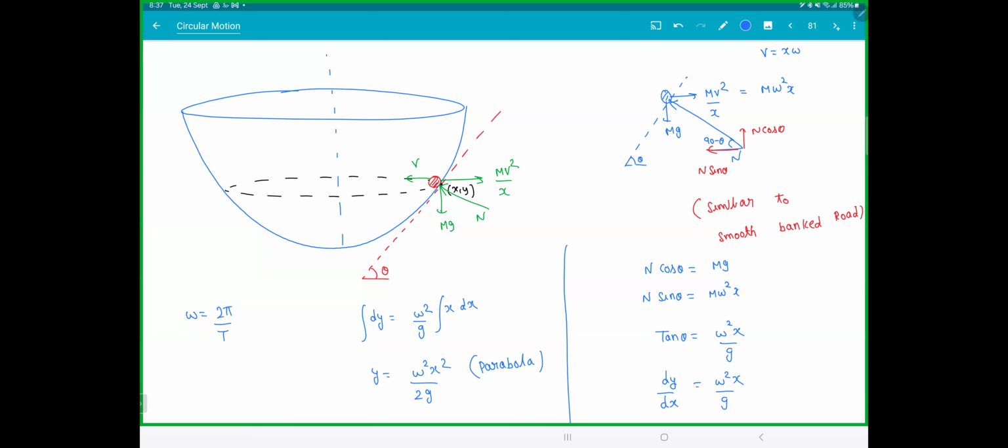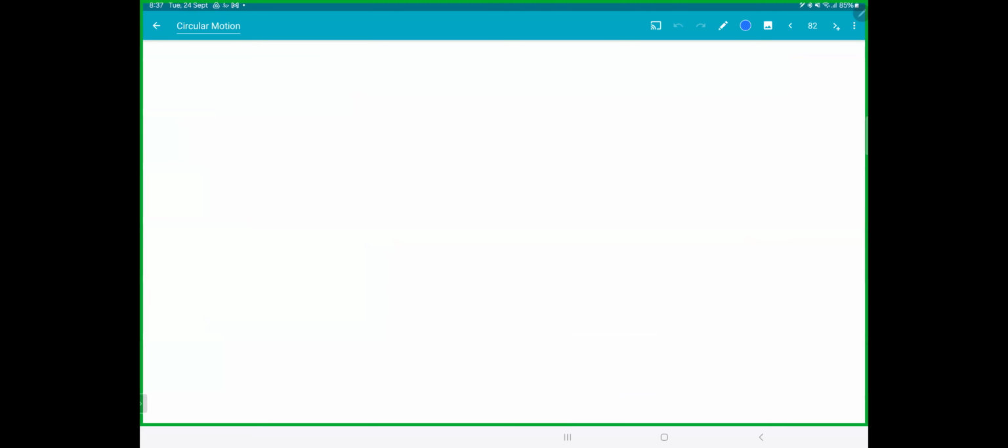Going ahead. This is a concept which we'll do again in gravitation, but we'll encounter this a bit. So we will see variation of gravity due to Earth's rotation.